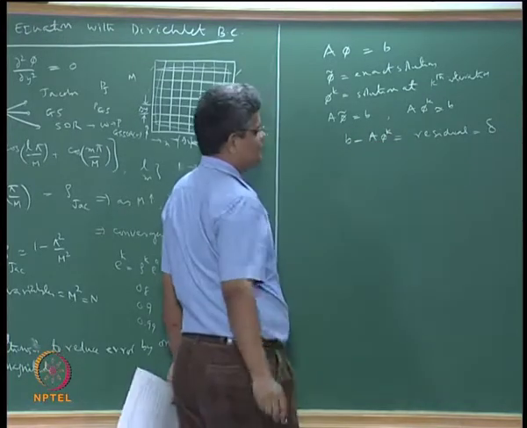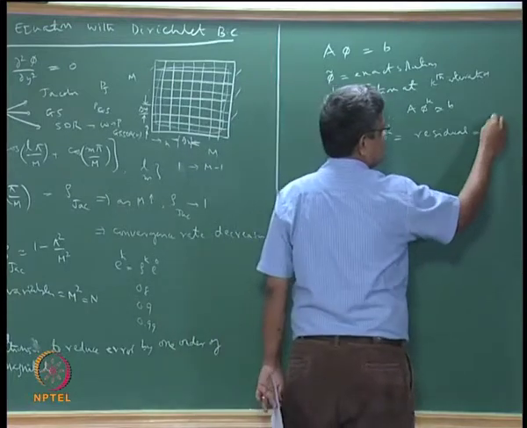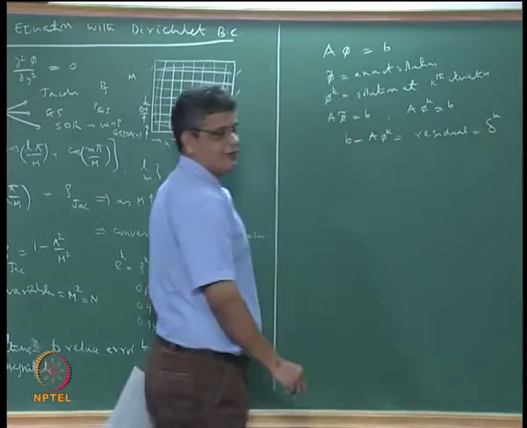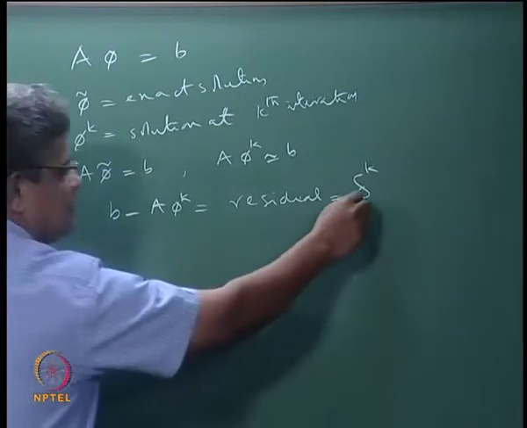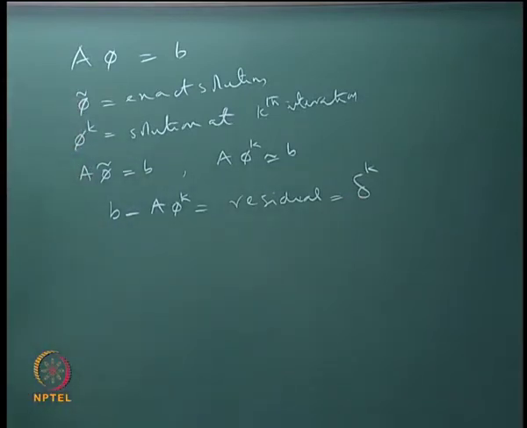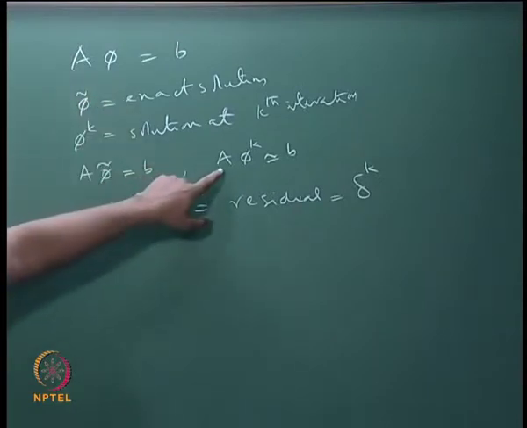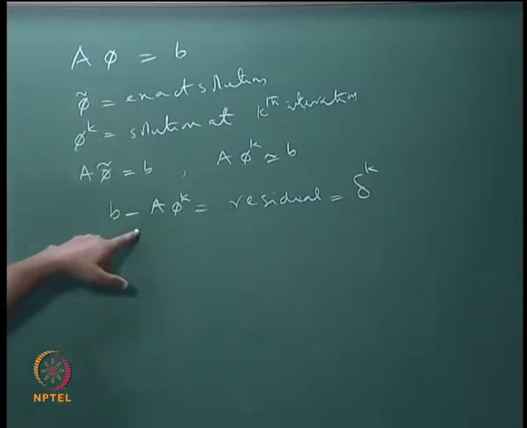Obviously b is a constant, A is a constant, but phi k is not a constant. So this residual depends on the iteration, on the current value of phi k. So it is this residual that can be computed, because at the end of each iteration we have an estimate of the solution. So we can substitute in this and evaluate the residual.